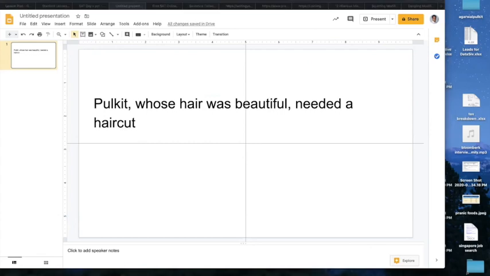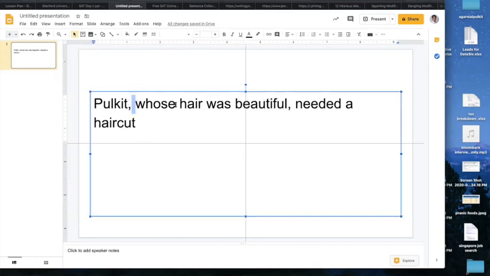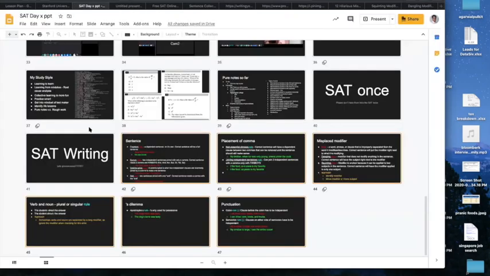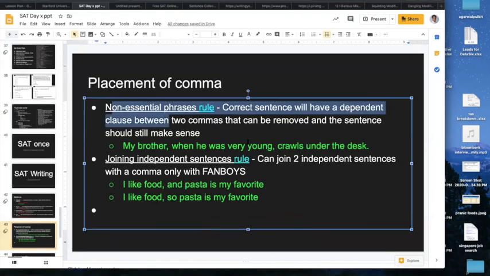The rule is non-essential phrase. This is a non-essential phrase. That's the rule. Non-essential phrase rule. Remember that one? Where is it? Non-essential phrase rule. So please learn this one.